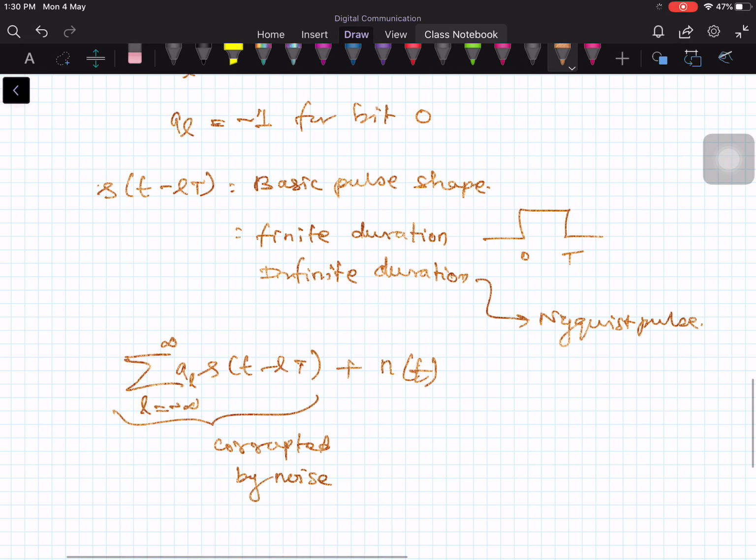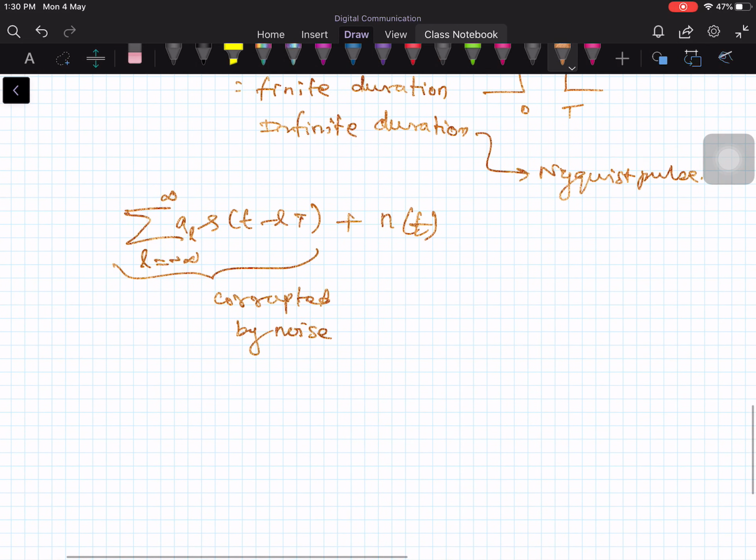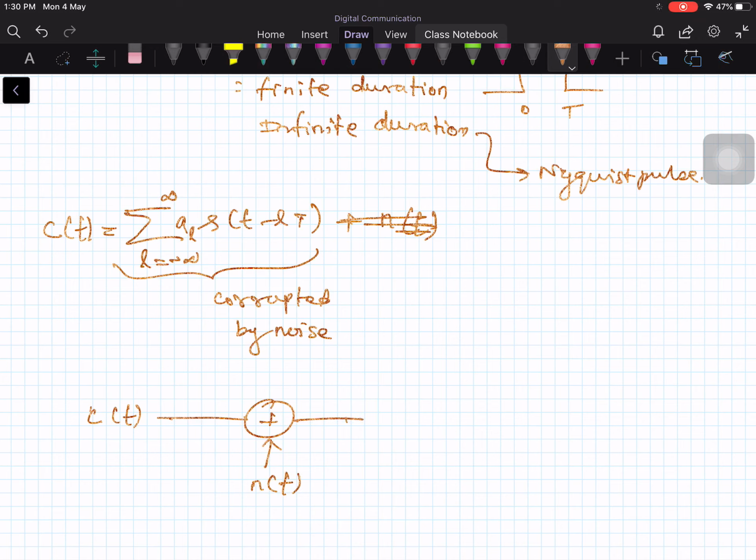Okay, and this is given to the matched filter. Let me say this is c of t, your transmitted pulse. So c of t is corrupted by the noise n of t, and this is what you receive at the receiver, and this is given to the matched filter, where the matched filter is matched to the input pulse s of minus t.